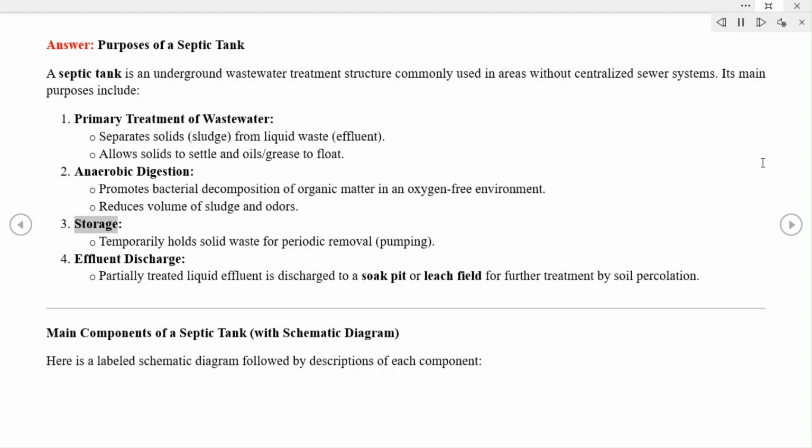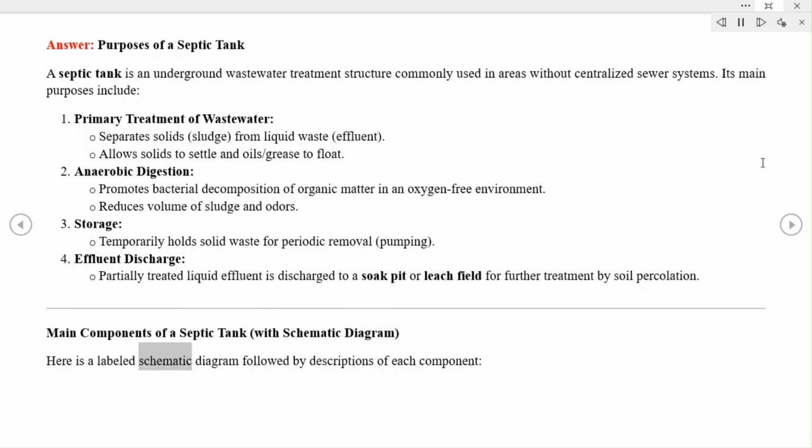Storage: temporarily holds solid waste for periodic removal, pumping. Effluent discharge: partially treated liquid effluent is discharged to a soak pit or leach field for further treatment by soil percolation. Main components of a septic tank, with schematic diagram.